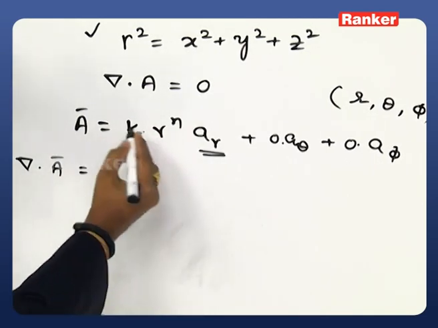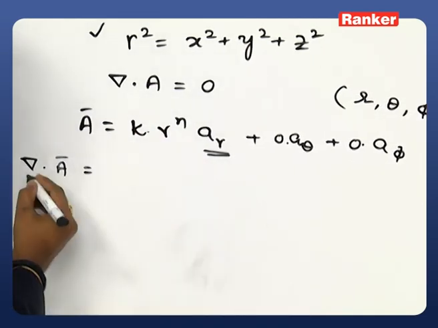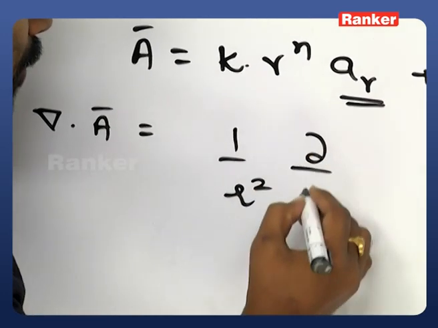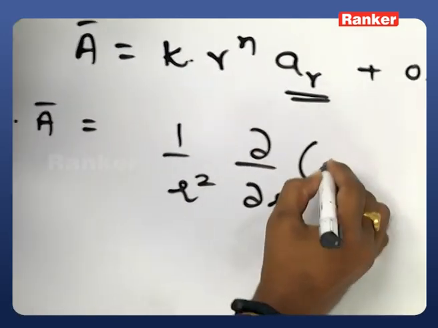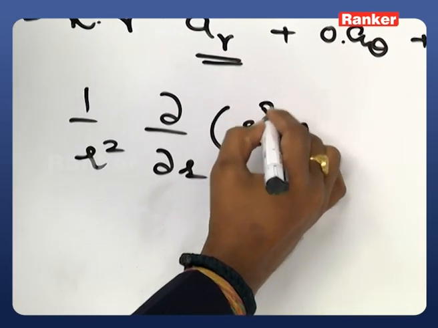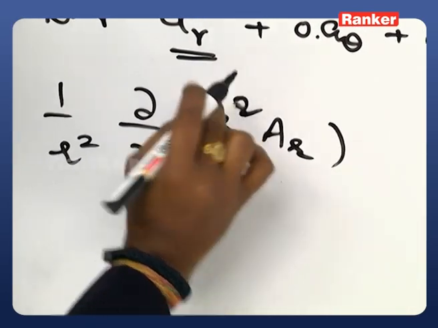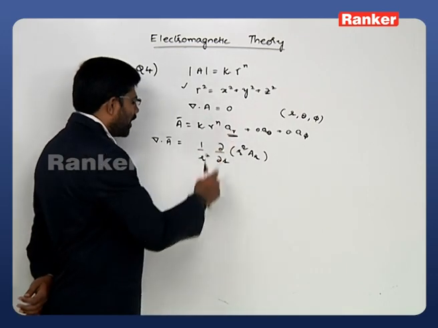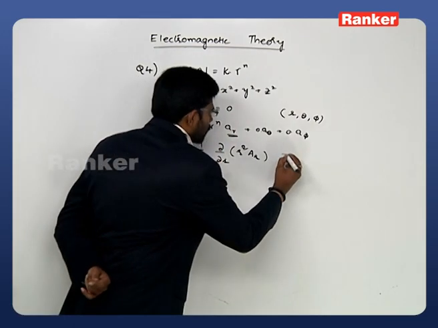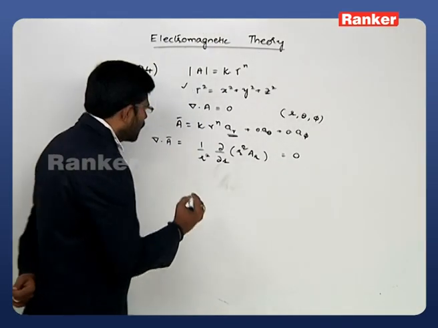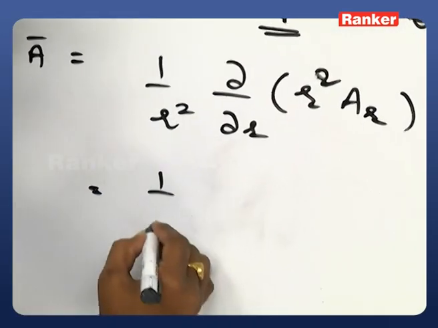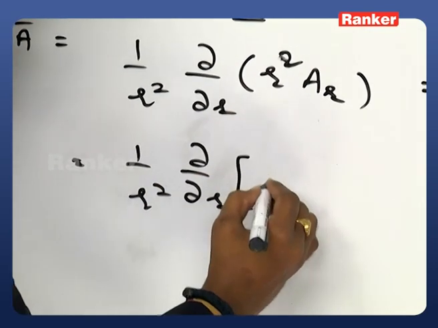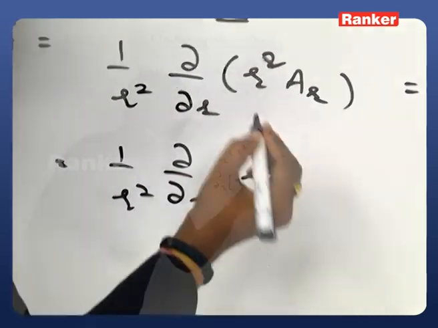So here, what is the first term? That is the a r term in terms of our del operator: 1 by r square dou by dou r of r square a r, where a r is the component of A in radial direction, which is not 0. That is given in our problem, right? Now this equals 1 by r square dou by dou r of r square into a r.